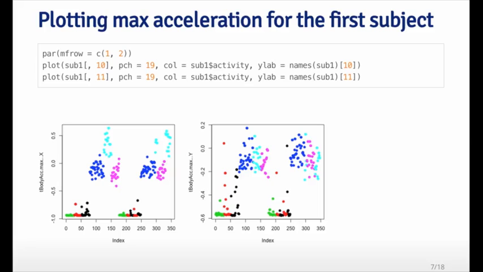For laying, standing, and sitting, there's not a lot going on, but for walking, walking up, and walking down, the maximum acceleration shows a lot of variability. So that may be a predictor of those activities, or at least of separating not moving from moving, which might be obvious in retrospect.